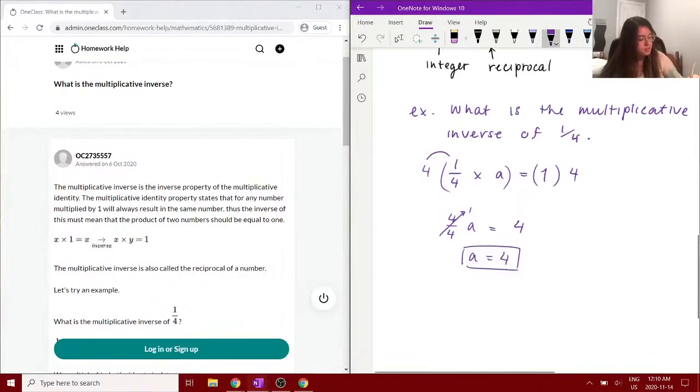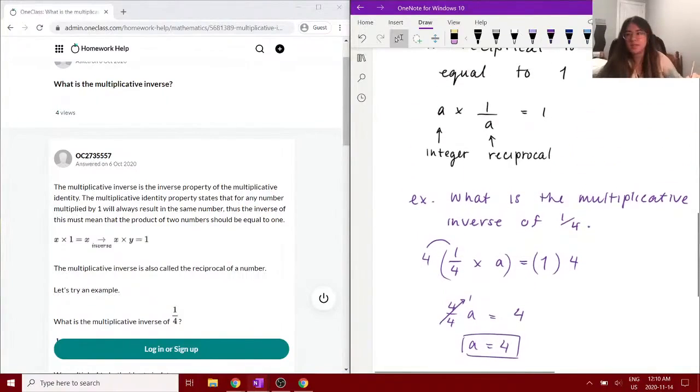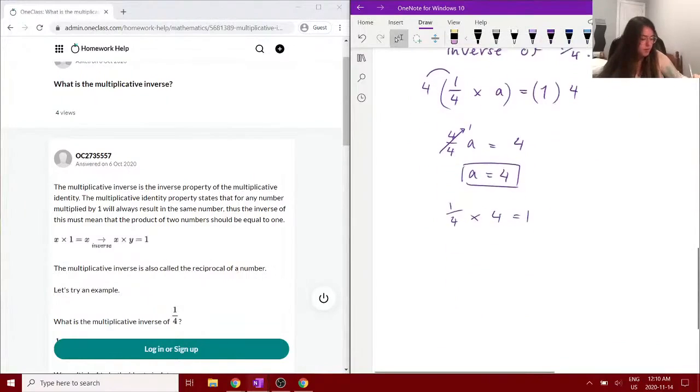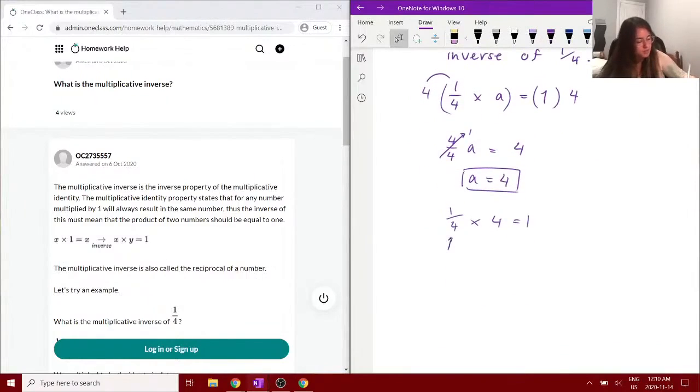And if we write it in the full form up here, we have 1 over 4 times 4 is equal to 1. Okay, and we know that that makes sense. So this is our integer from the question, and this is the reciprocal.